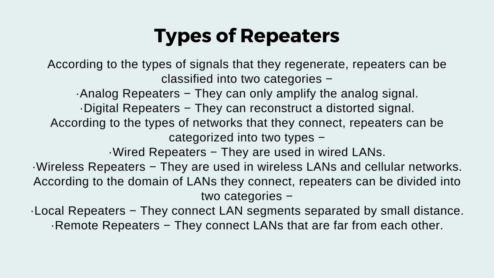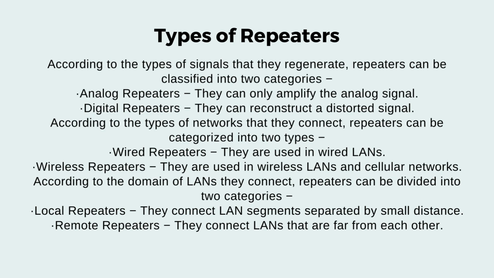Types of repeaters. According to the types of signals that they regenerate, repeaters can be classified into two categories. Analog repeaters: they can only amplify the analog signal. Digital repeaters: they can reconstruct a distorted signal.